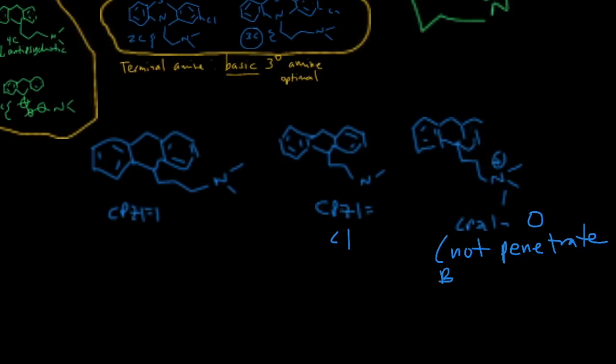Adding a positive charge or any sort of charge makes it hydrophilic, not lipophilic, so it can't penetrate the blood-brain barrier and get to the receptors. Illustrating the concept that tertiary amines are optimal, secondary are less optimal, and the least optimal are your quaternary amines.